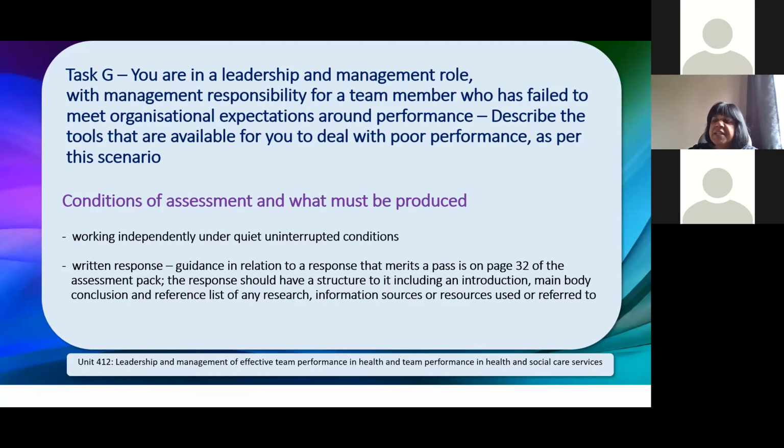So task G says you are in a leadership and management role with management responsibility for a team member who has failed to meet organisational expectations around performance. Describe the tools that are available for you to deal with poor performance as per this scenario.